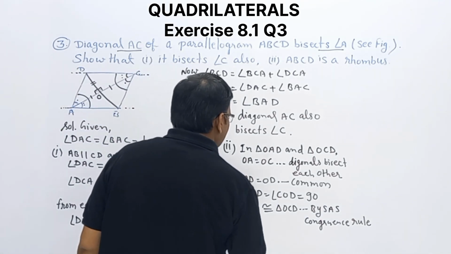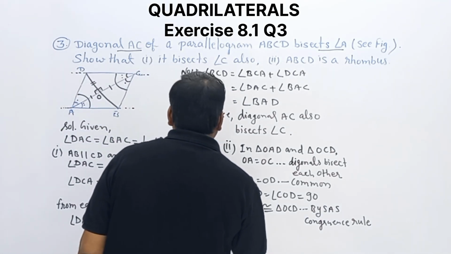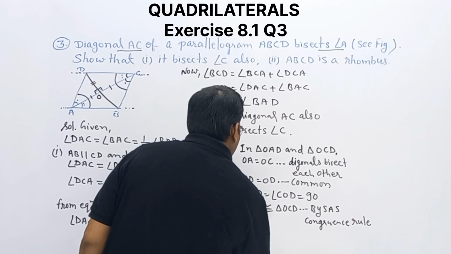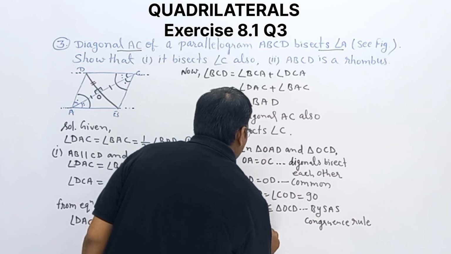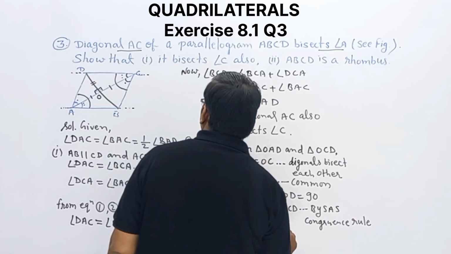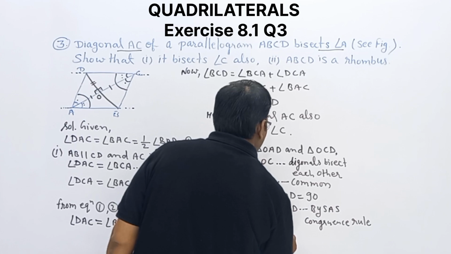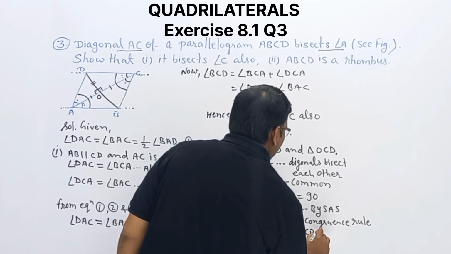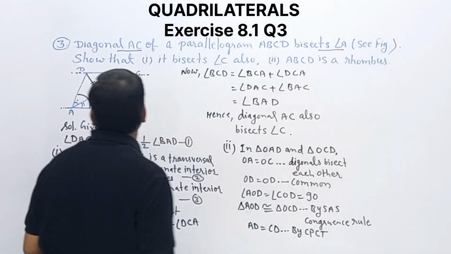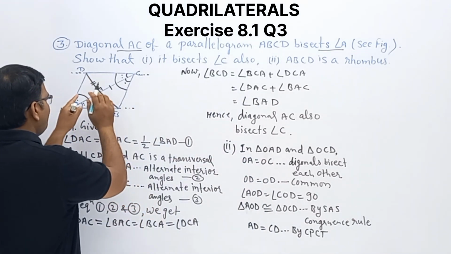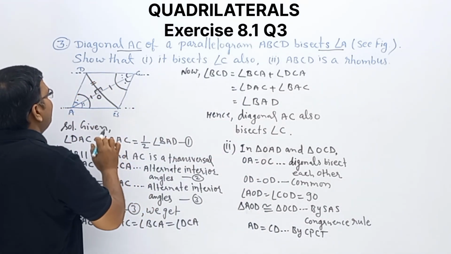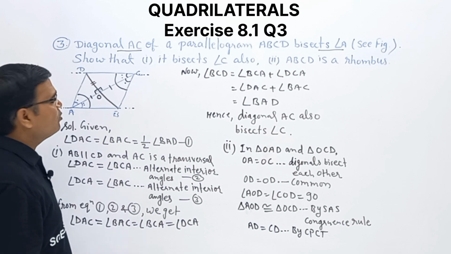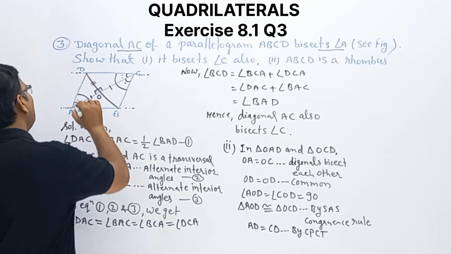Then what we can say, AD equals CD by CPCT. Observe carefully. Once we observe these two are congruent, it means corresponding parts of these two triangles will be equal.